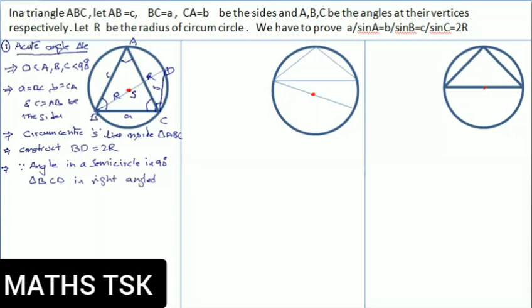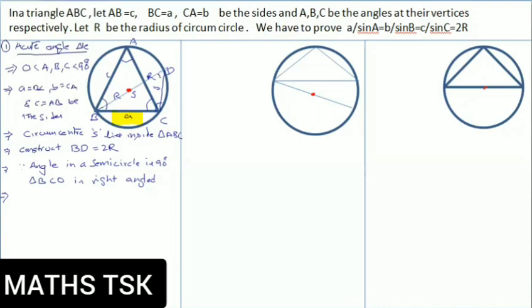Now, from another rule, BC is one segment and there is another segment. There is a minor segment and a major segment. This area is the minor segment and this area is the major segment.